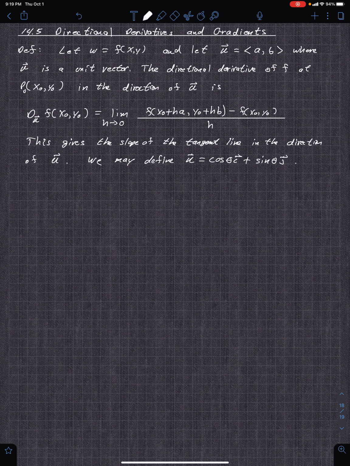So let's look at the picture of this thing. So draw in a three-dimensional coordinate system. Let's come down to here. Something like that. And like that. About there. So here's your x, y, and z.